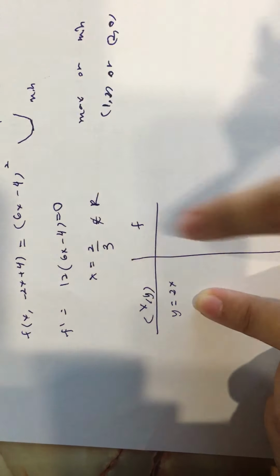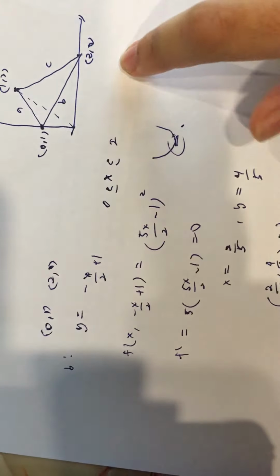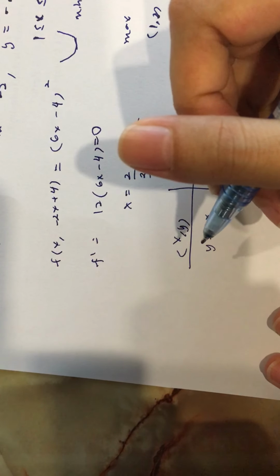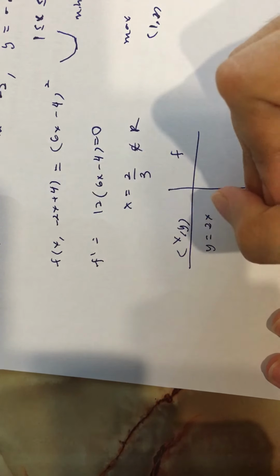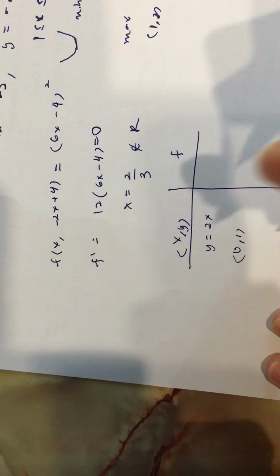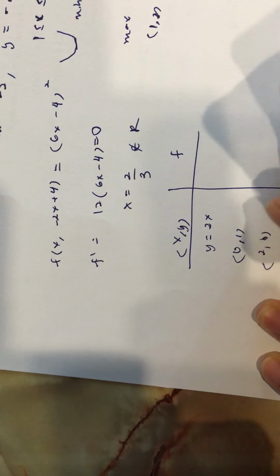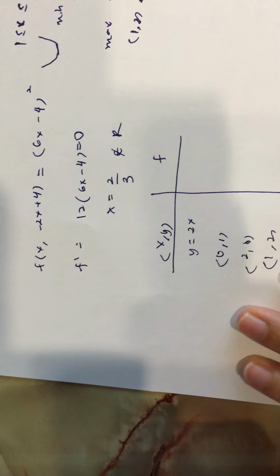And then kita just list out all the bucu here, which mean we have 0, 1 and then 2, 0 and then 1, 2.